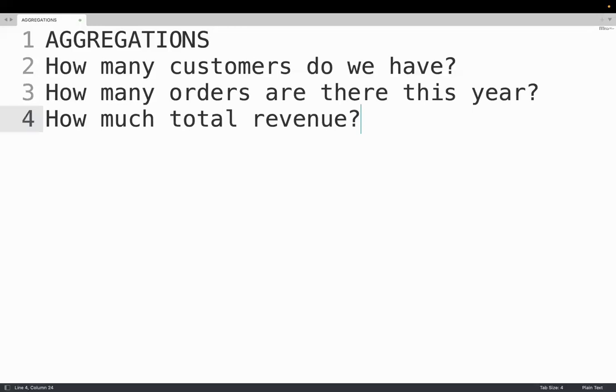Now, all these are aggregate questions. That's why they are called aggregations. In simple terms, what aggregation simply means is summarizing data.